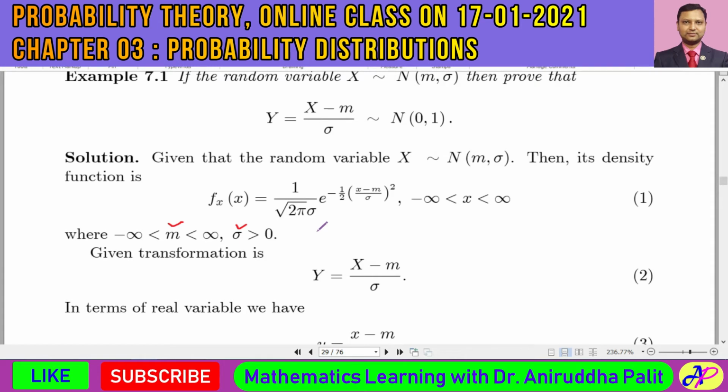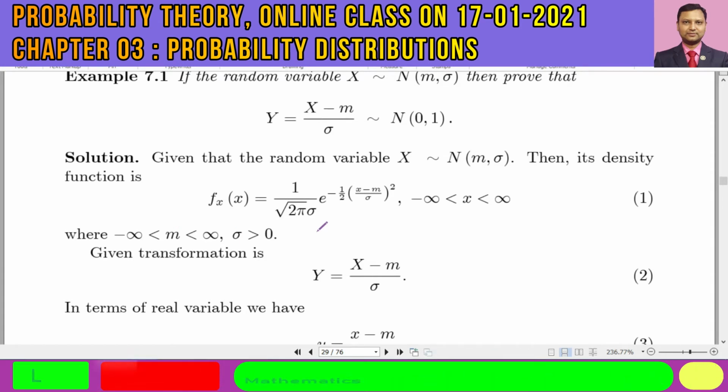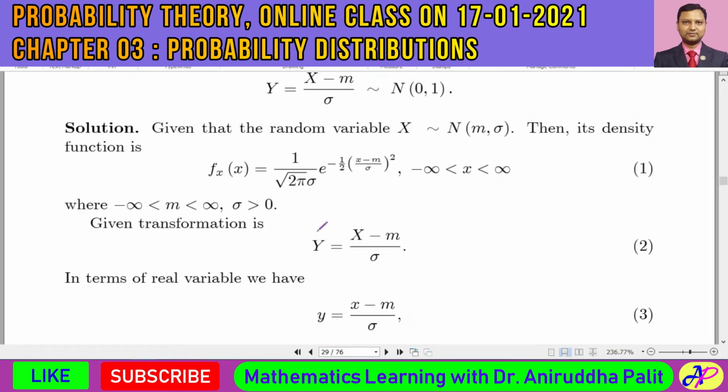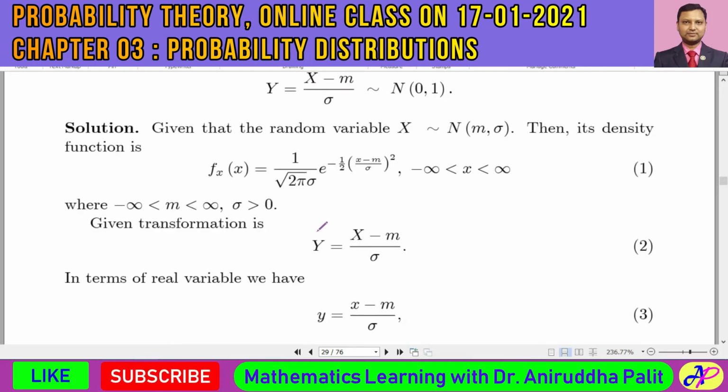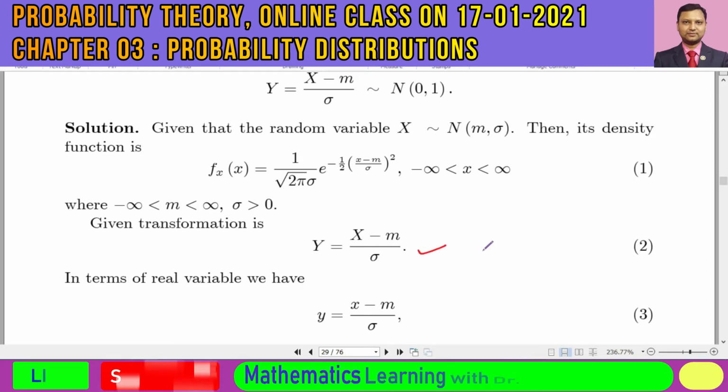So be very careful about these ranges of the parameters. Without the range of the parameters, the distribution does not have any meaning at all. Okay, now we consider this transformation formula: y is equal to (x minus m) divided by sigma.